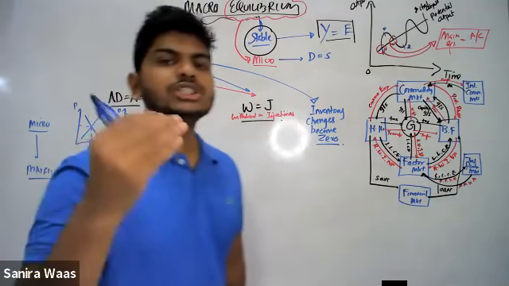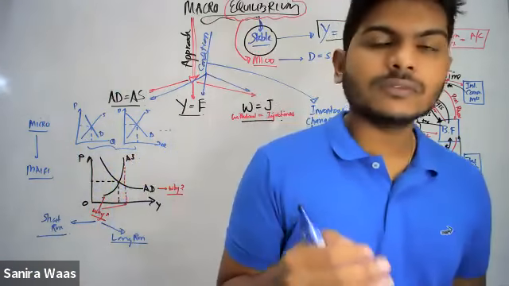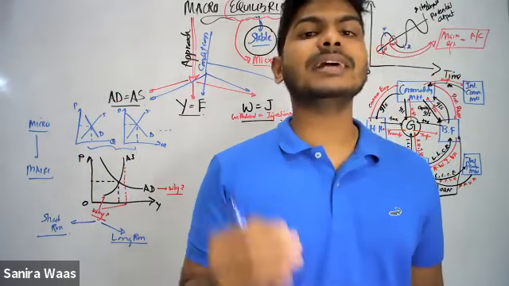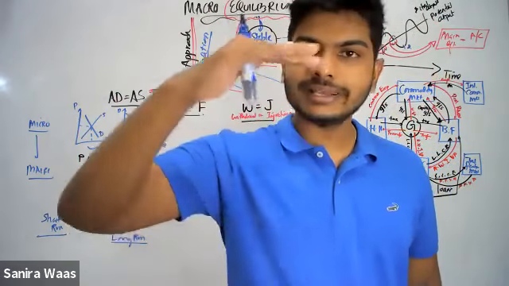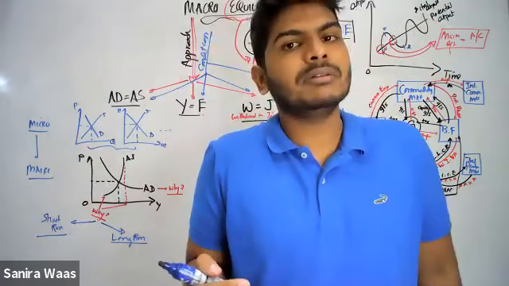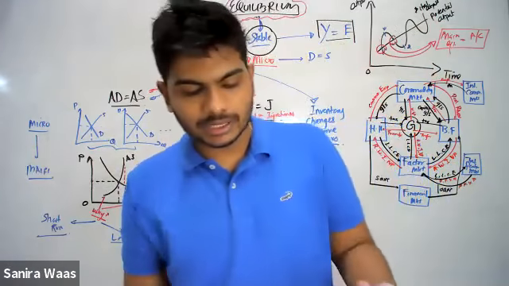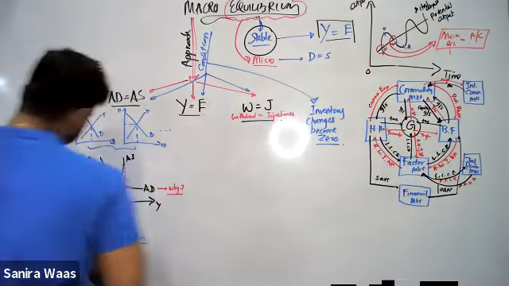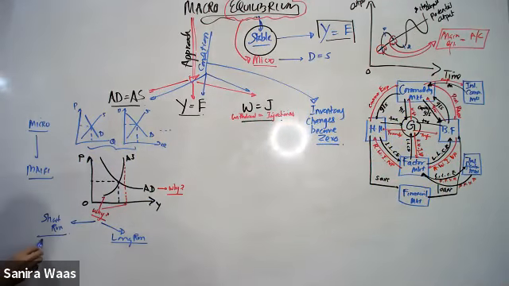In the short run, when it comes to supply, we say prices are sticky. In the short run, if we focus on supply, your supply curve looks like this, with sticky prices.